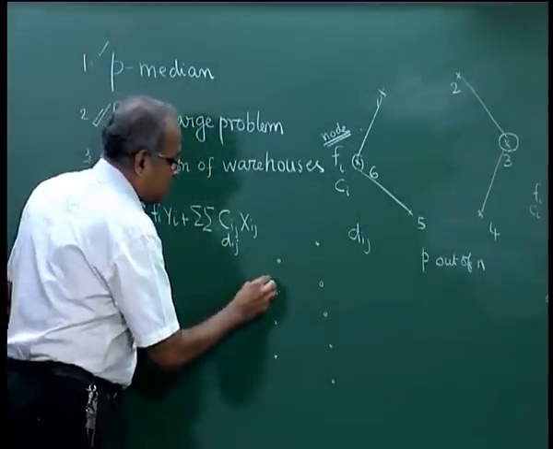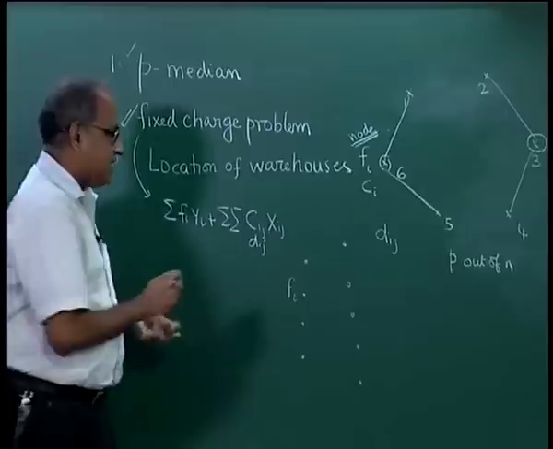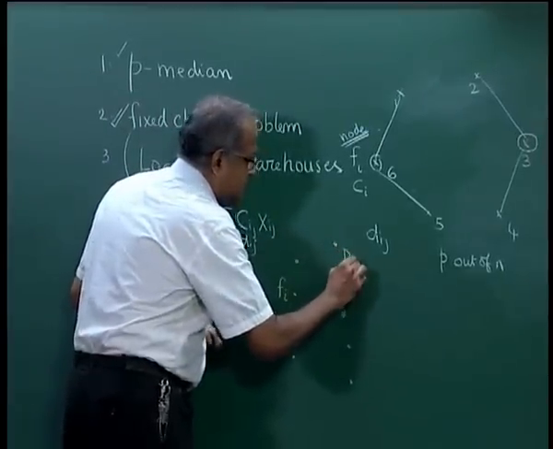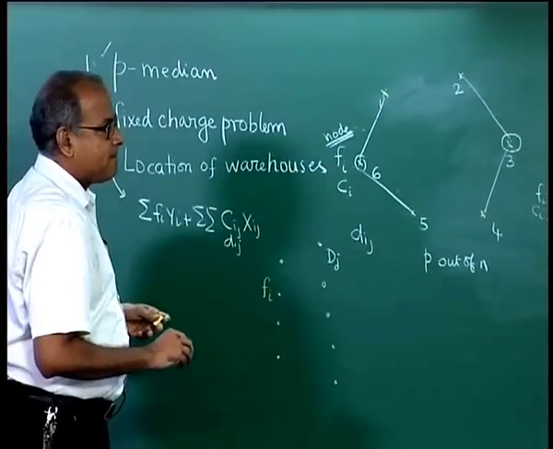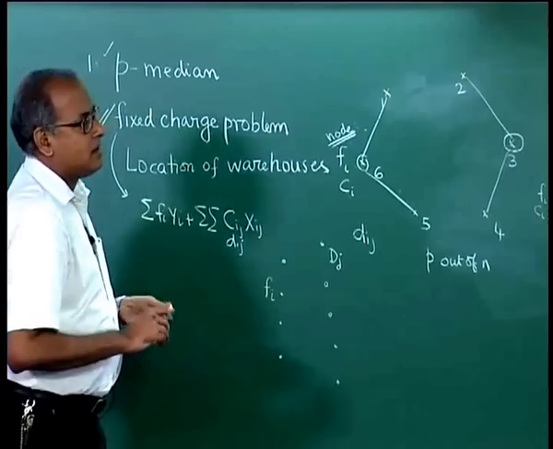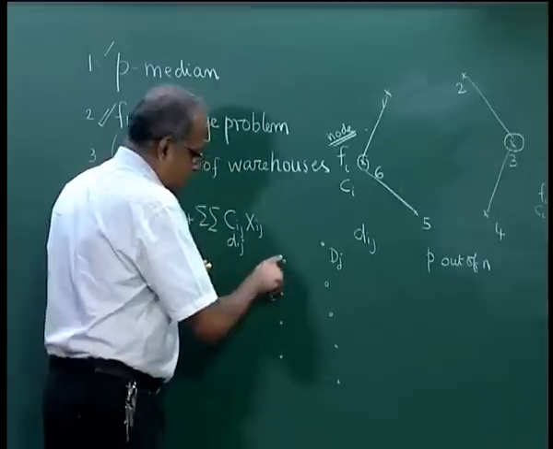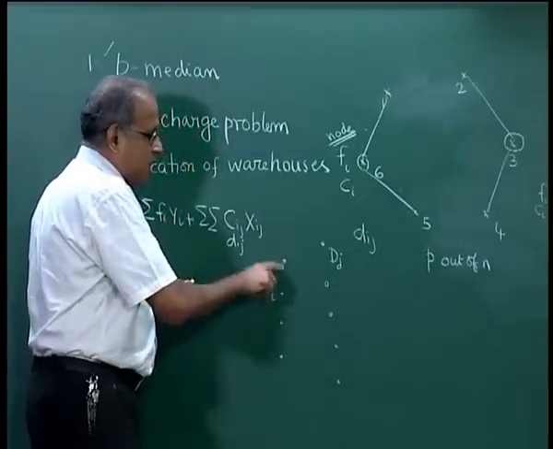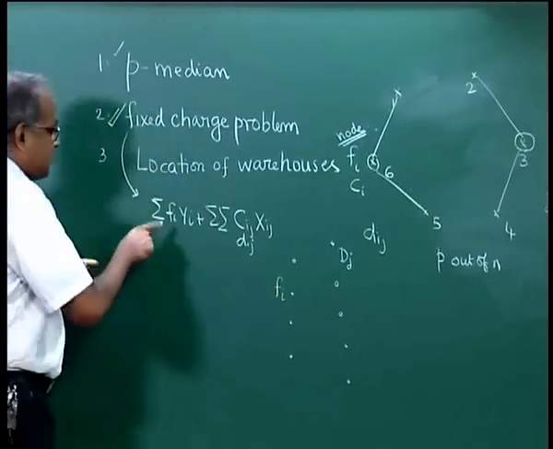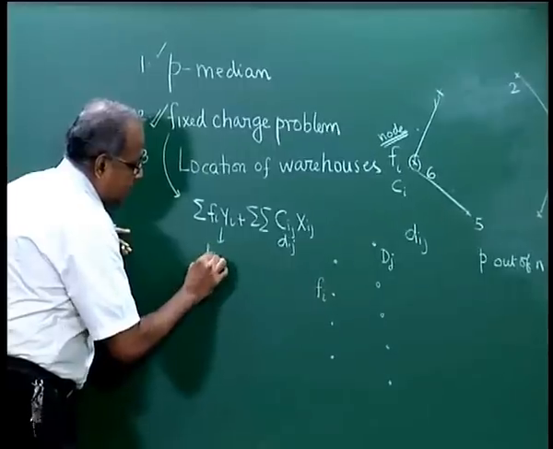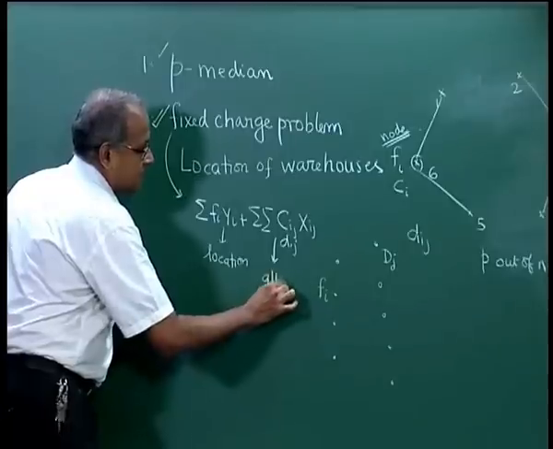There is an Fi associated with this site, there is a Dj associated with this customer. yi equals 1 if this site is chosen. So, the objective function will minimize this, the cost of location, and this, the cost of allocation.